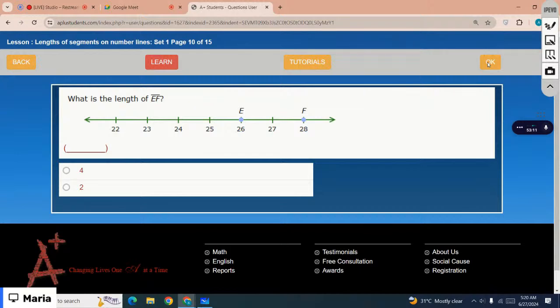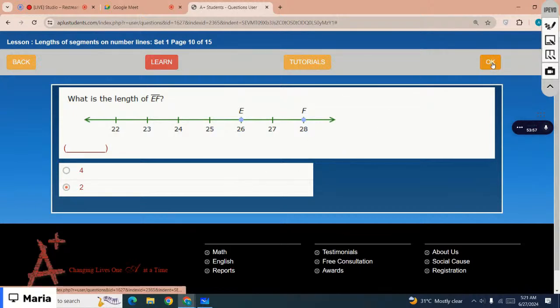What is the length of EF, which is the correct option? 2 it is.